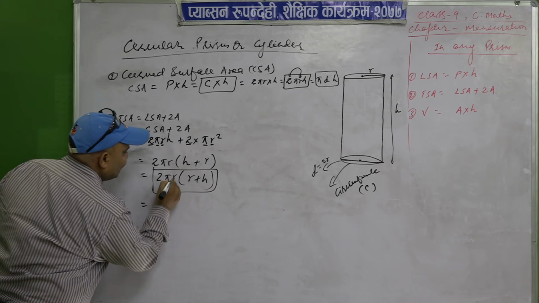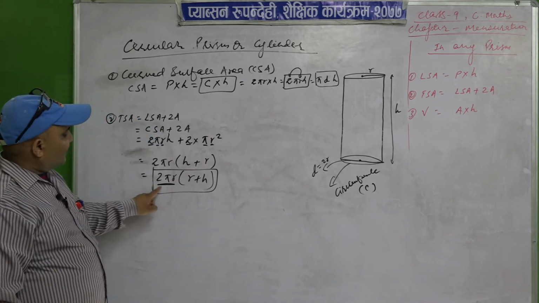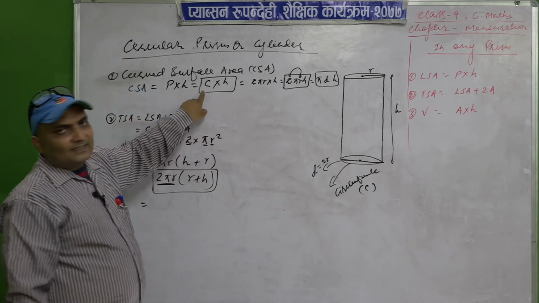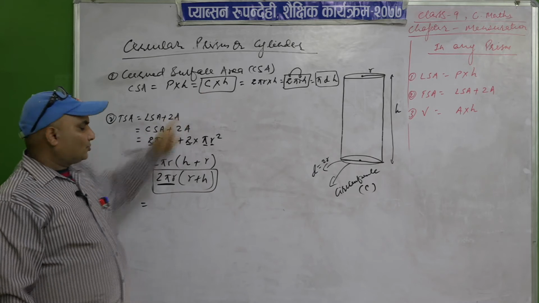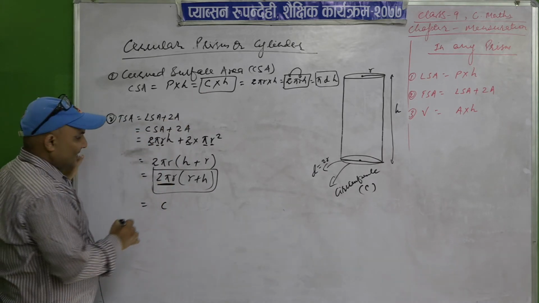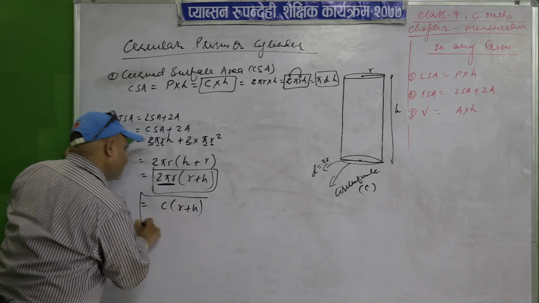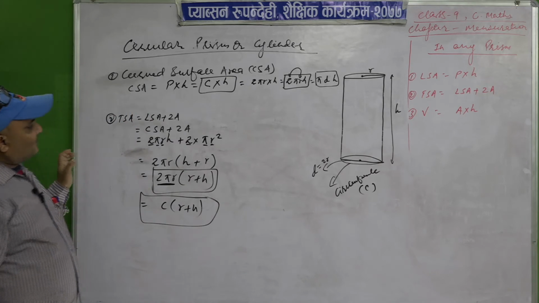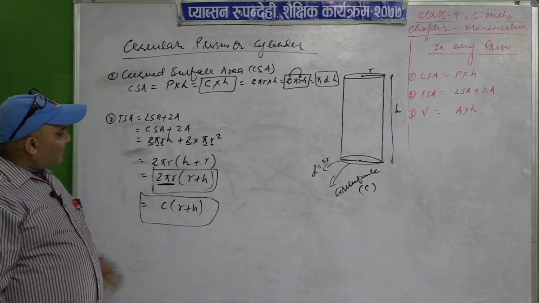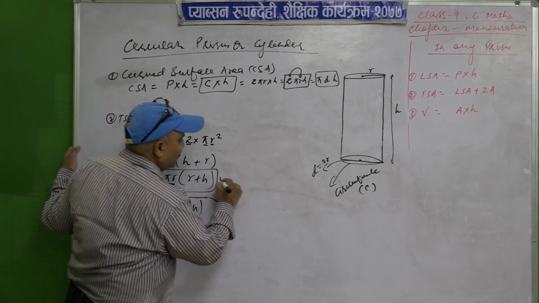And we know that in the place of 2 pi r, what can we write? We can write C, the circumference. So, in the place of 2 pi r, we can write C, and then after that r plus h. So, this is another formula for total surface area of the circular prism or the cylinder. In this way we can find out total surface area. So, we have to remember this formula also.